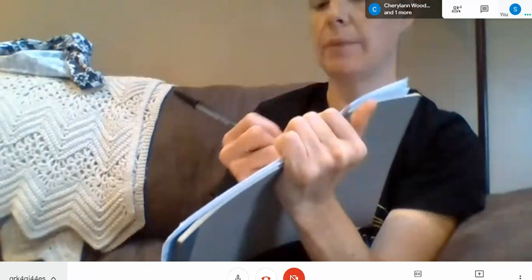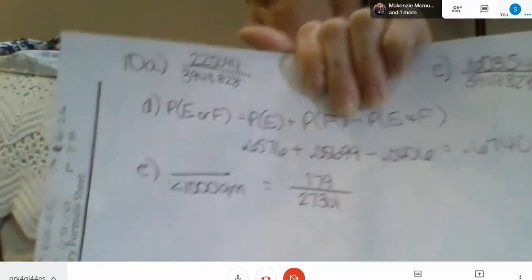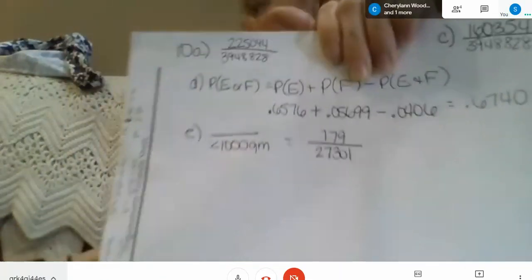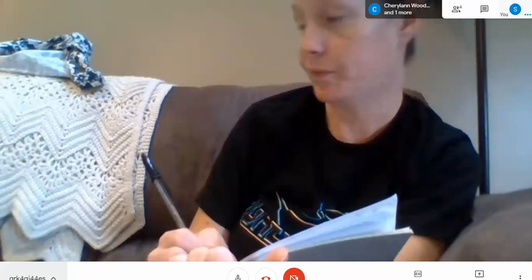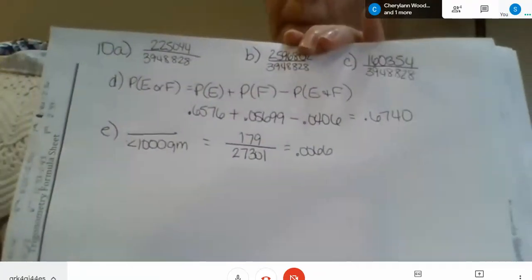So 179 is your numerator. So we get 0.0066.